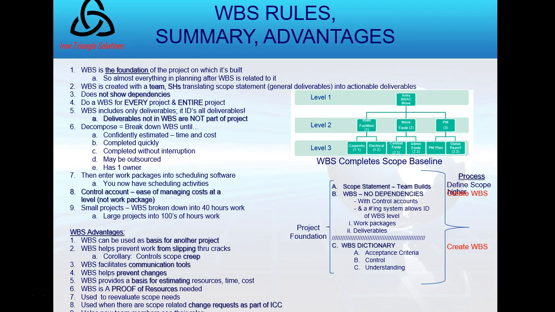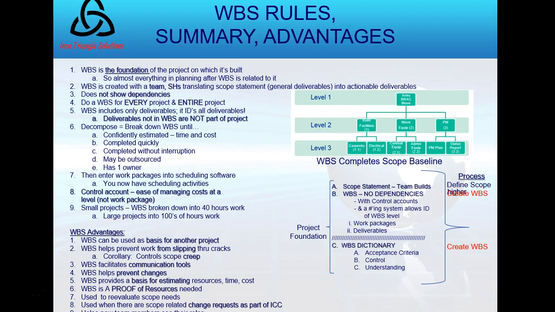This is a one-slide summary of the work breakdown structure, and I usually start on the right. Notice it's hierarchical. No relationships intended. It completes the scope baseline. So notice down below in A and B and C, the three of those together are foundational for the project, and those define my scope baseline.